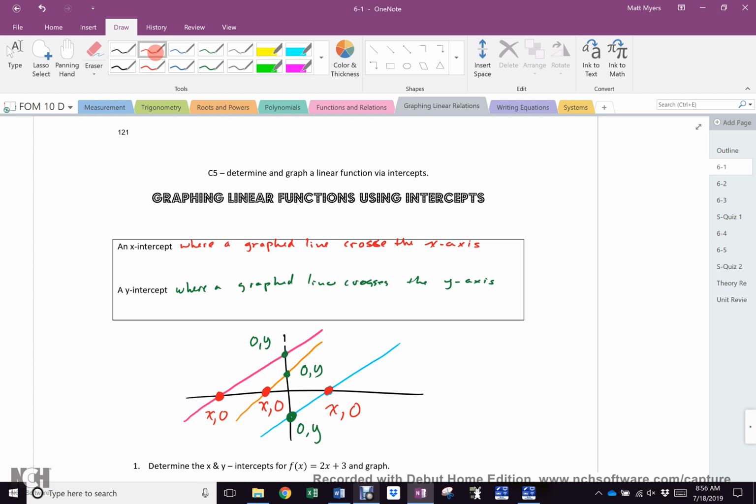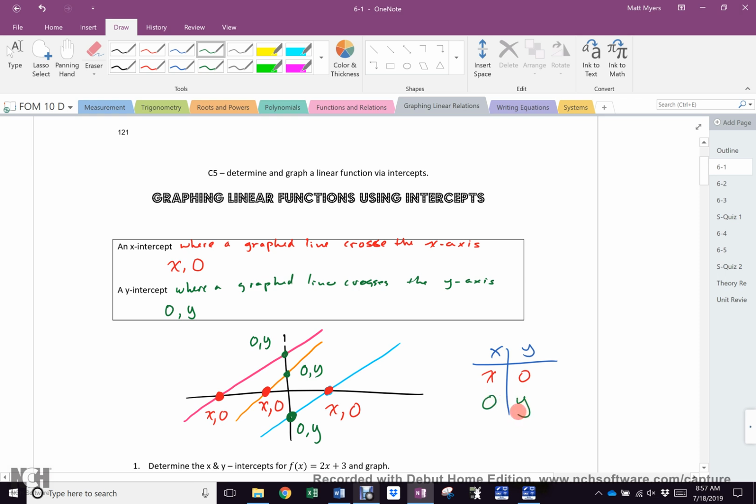What are its coordinates? x, 0. What is every single y-intercept in our universe? 0, y. Now, if I were to put those into a table of values, what would this be? x, 0. What would this be?